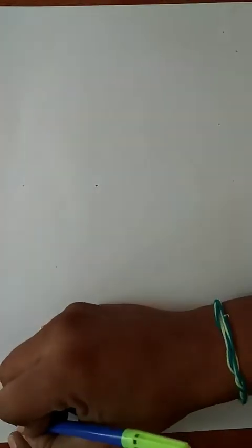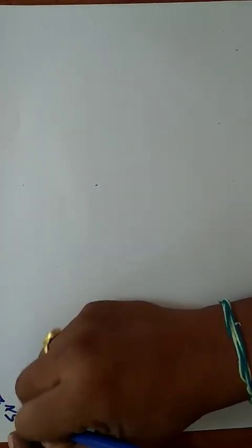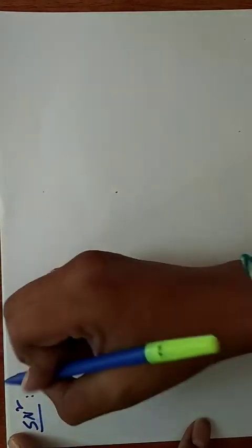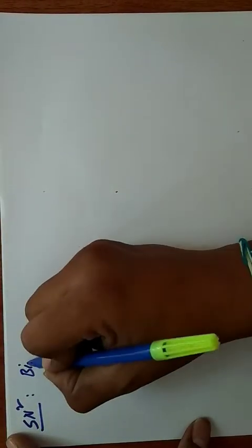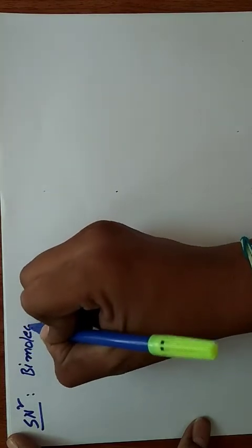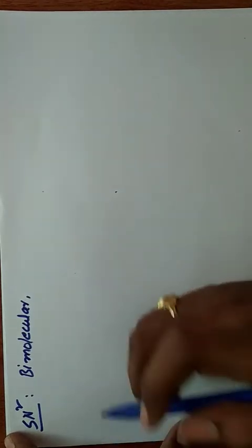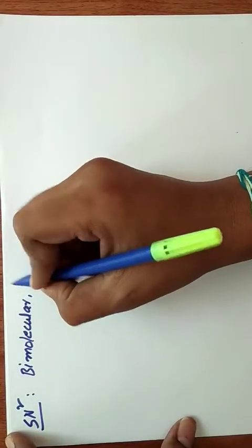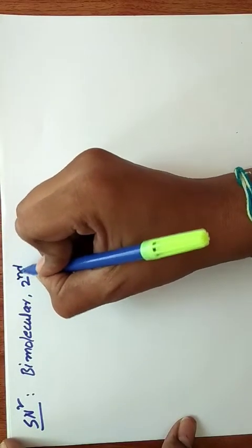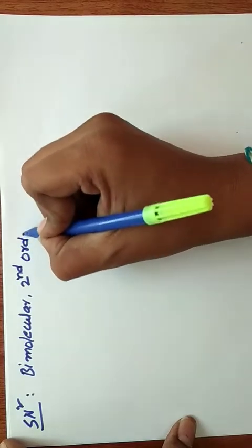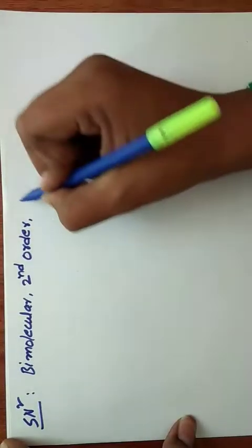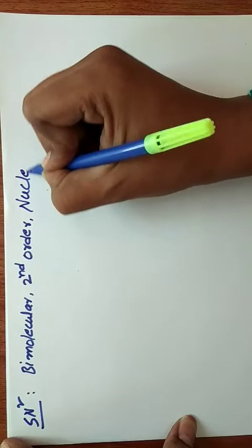In the slow step, 2 molecules. Second order. N stands for nucleophilic. S stands for substitution reactions. So this is the meaning of SN2.